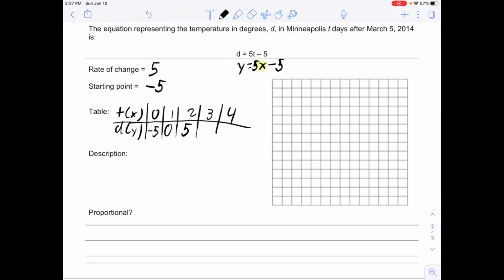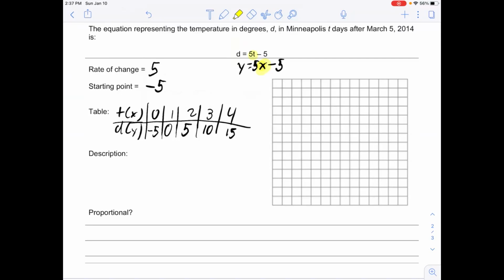When x is 3, I would do 5 times 3, which is 15, minus 5 is 10. And when x is 4, I would do 5 times 4, which is 20, minus 5 is 15. Again, all we were doing is putting it in for x or for t.